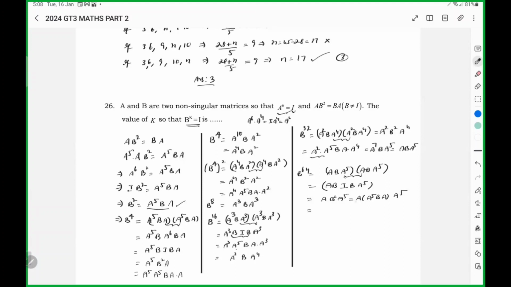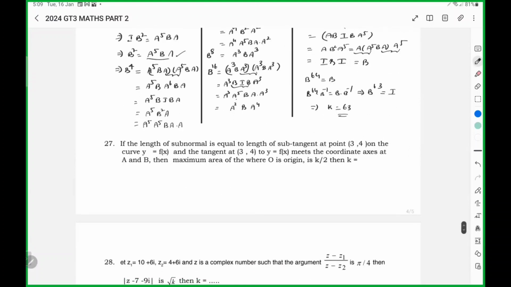So A into A power 5 I, A power 6 B, A into A power 5 I, A power 6 which is identity, B power 64 is B. Operating with B inverse, since non-singular inverse exists, B power 63 is identity. So k value here is 63.